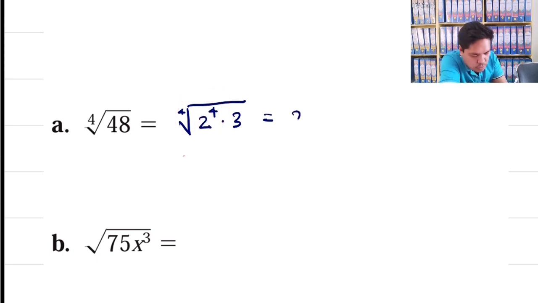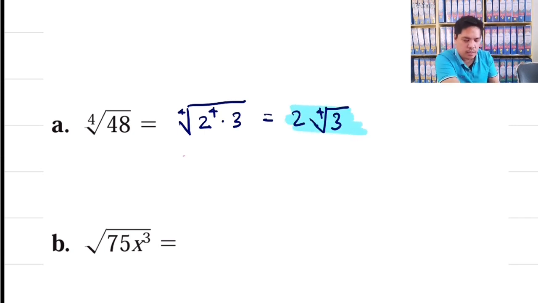Absolute value of 2 is still 2. And what's left is 3 under the fourth root, not square root. So this would be our answer. Very easy. Right? That's our answer: 2 times the fourth root of 3.